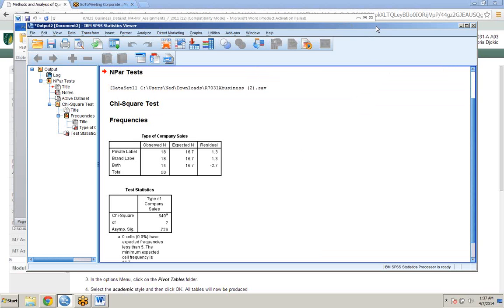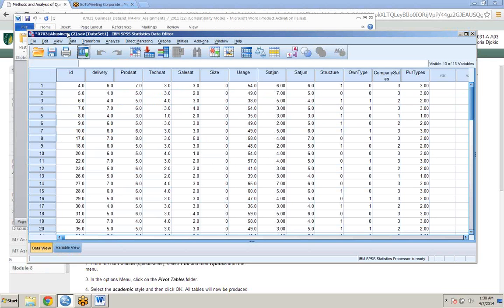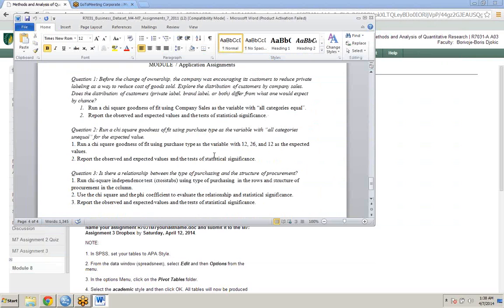So what we need to do is eliminate this and go to the second assignment, which is here in question 2.